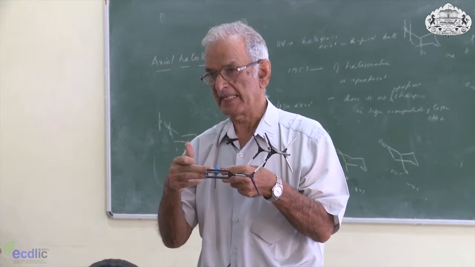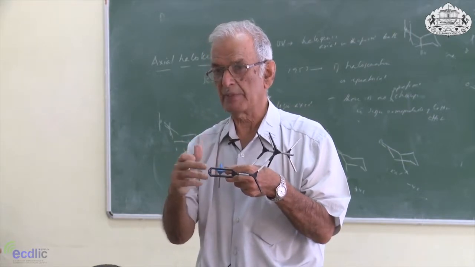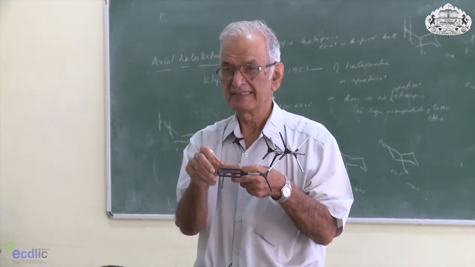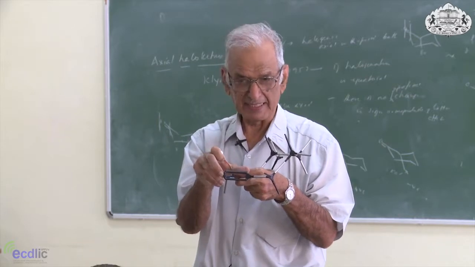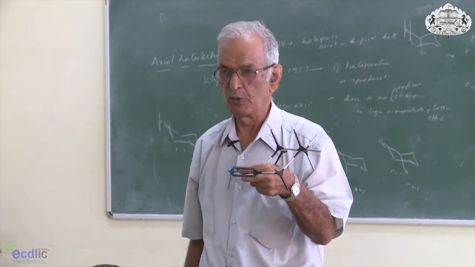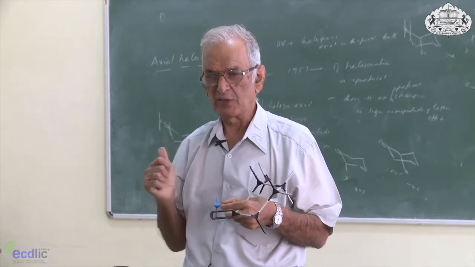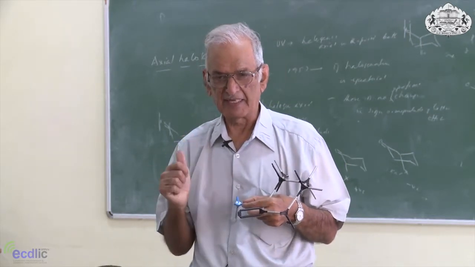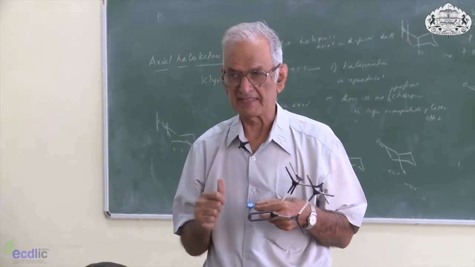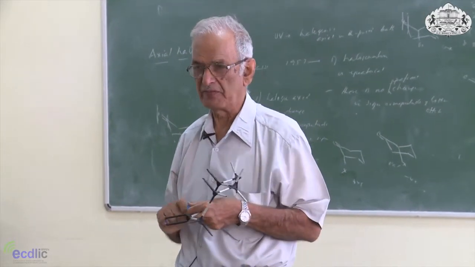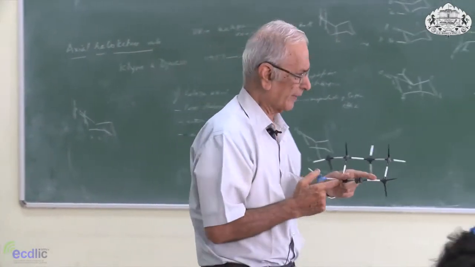This negative charge will prevent the carbon-oxygen bond from having appreciable single bond character. Therefore, more double bond character, therefore higher frequency. So, halogen is equatorial, IR frequency increases. Halogen is axial, no effect on IR frequency.